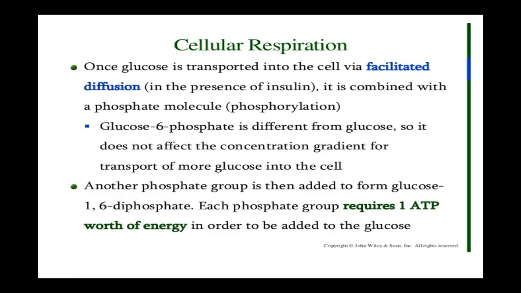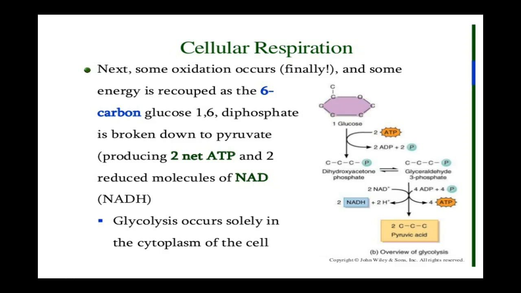Another phosphate group is then added to form 1,6-diphosphate. So now you have 2 of them on there, and each phosphate group requires 1 ATP of energy in order to be made. So we're spending energy to make this. Hopefully we're going to make some energy. And then the molecule that has 2 added phosphoruses on it is going to be oxidized to recoup ATP.